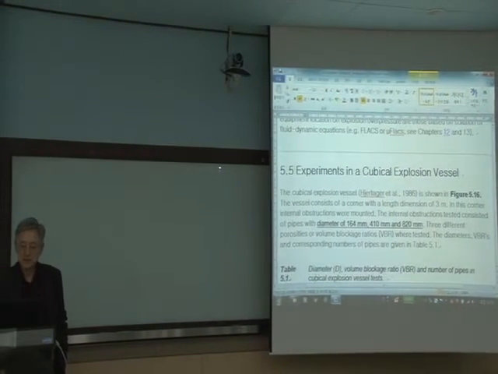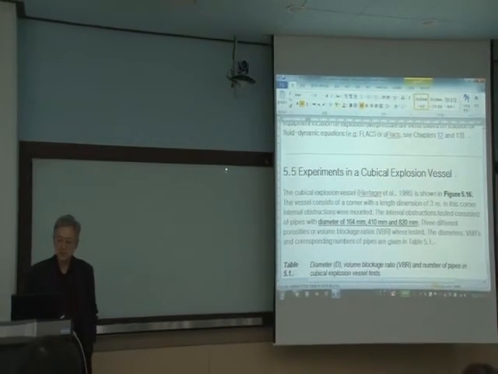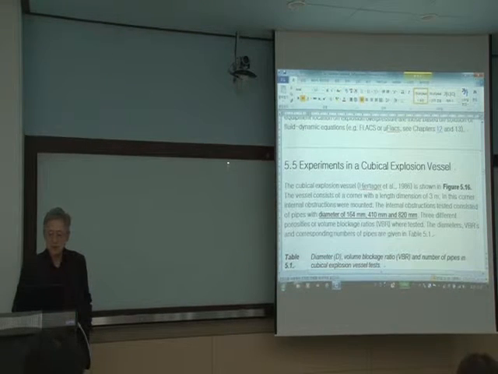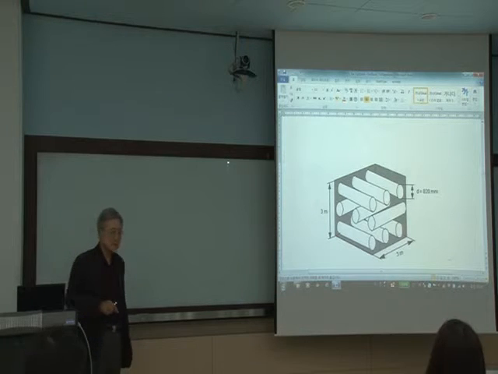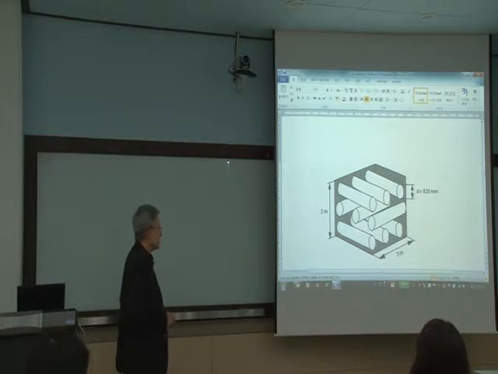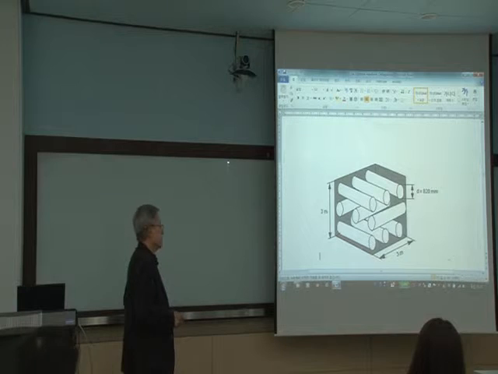And this is a cubical explosion vessel. So cubical is box shaped like this. So maybe the flow, of course, will go through this, maybe that, I don't know.